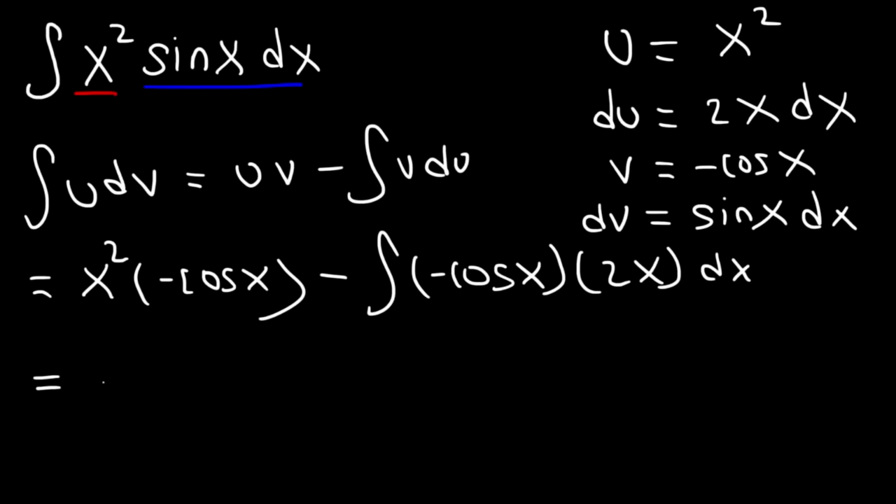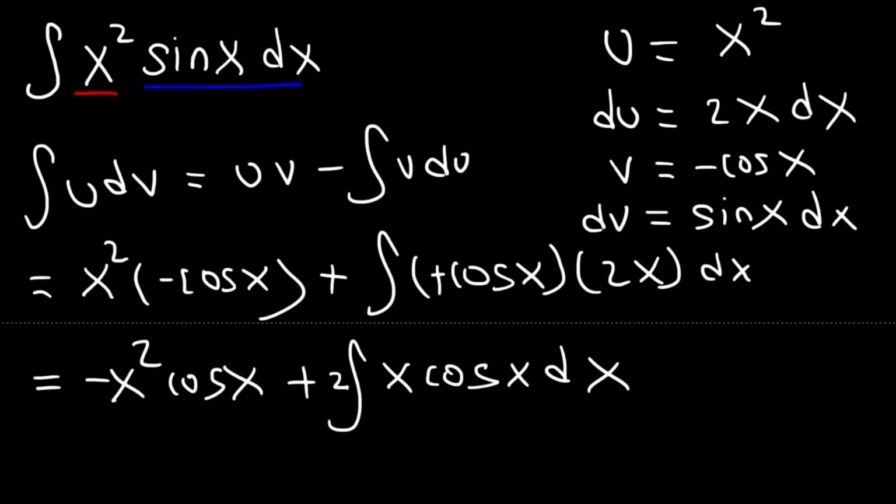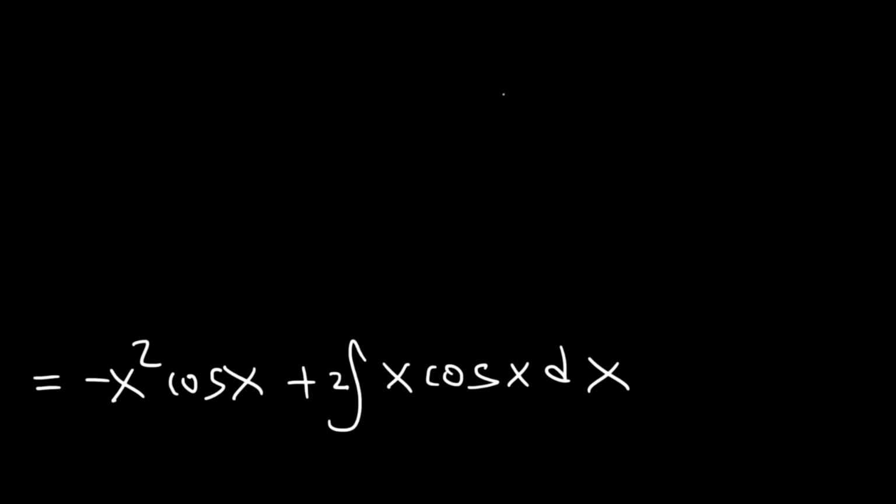So let's organize what we have. Negative x squared cosine x, and then these two negative signs will become positive, so positive the integral of 2x cosine x. We could take the 2 and move it to the front, so it's just going to be x cosine x. Now, we need to use the integration by parts formula on the integral of x cosine x.